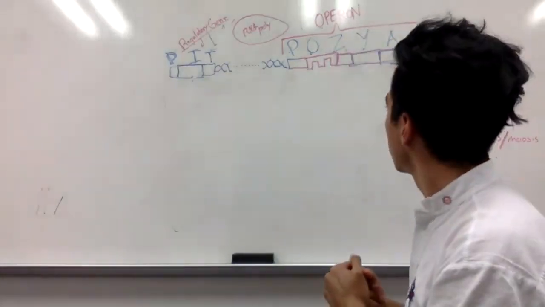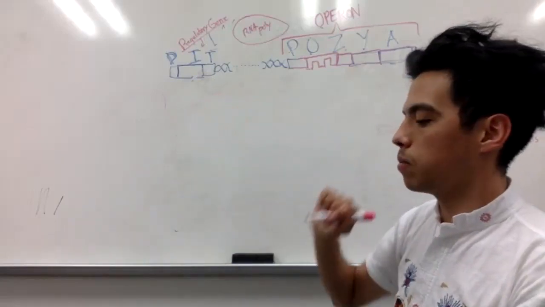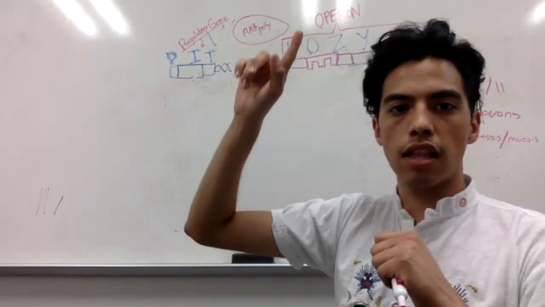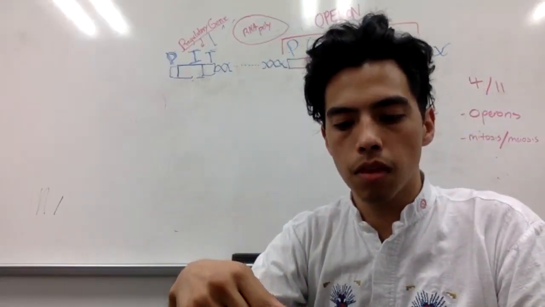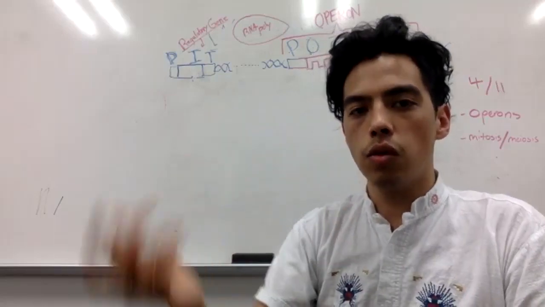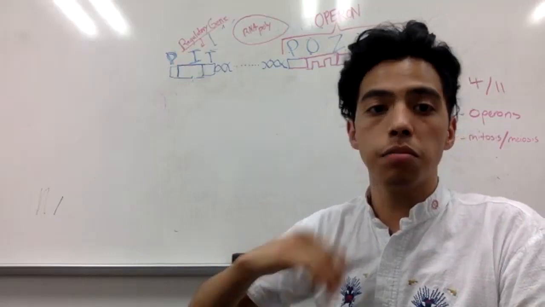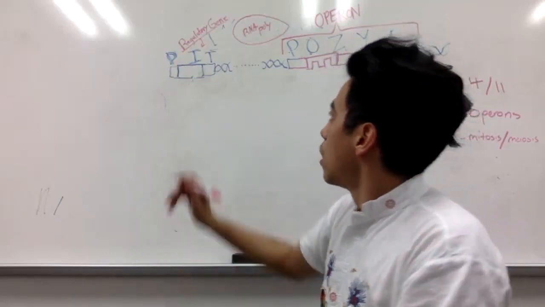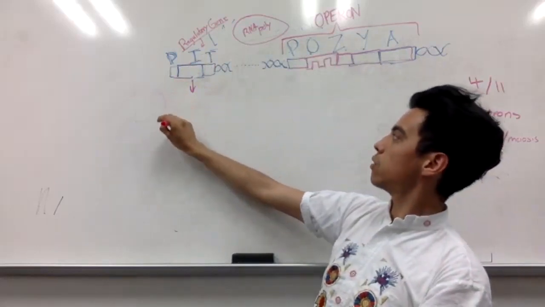All right. So now we're going to talk about the case where there is lactose present. And remember, the purpose of this lac operon is to break down lactose. Then you already know, before you even think about what's going on, that it's supposed to be on, right? So this will still create the repressor.